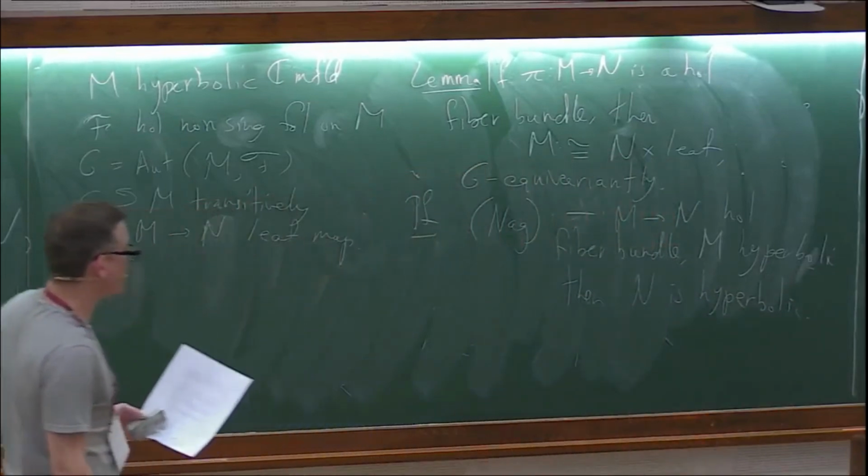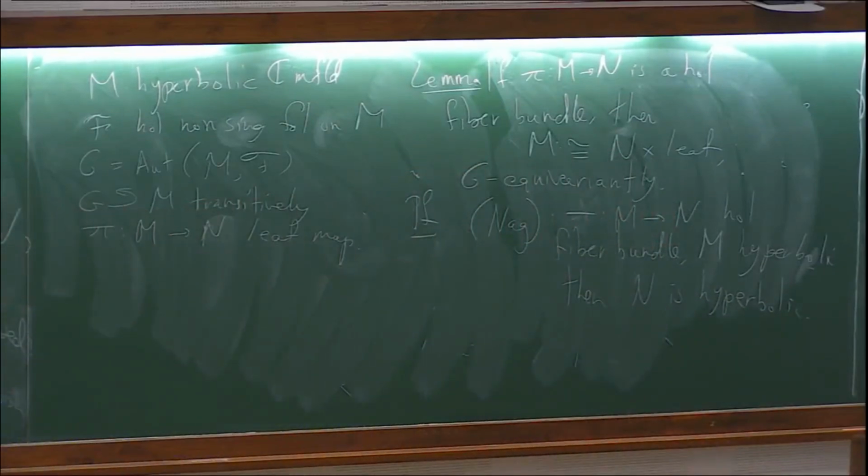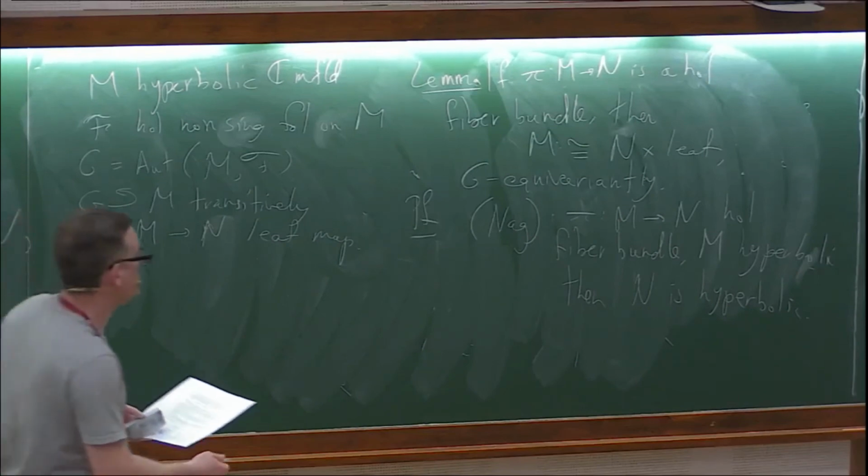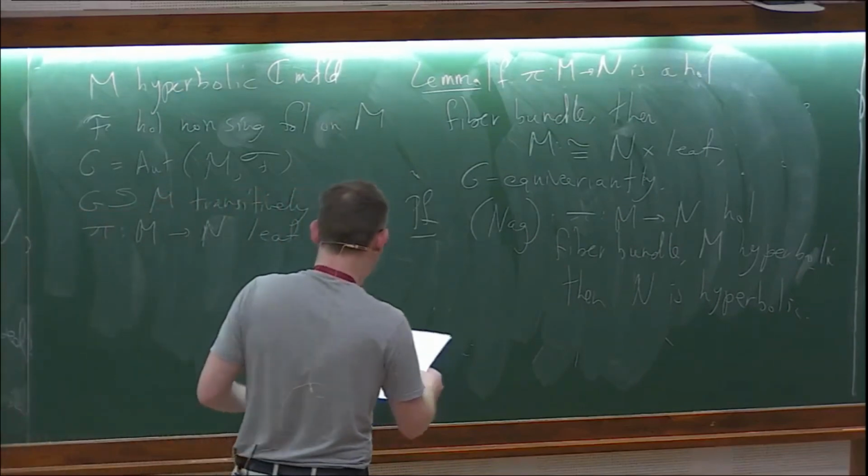Actually, I don't think that's really hard. You just lift maps of the disk, more or less. You just have more or less to pull them up. So I don't think it's too difficult.